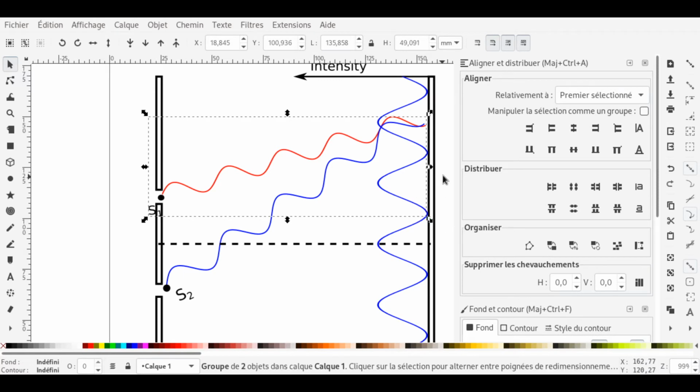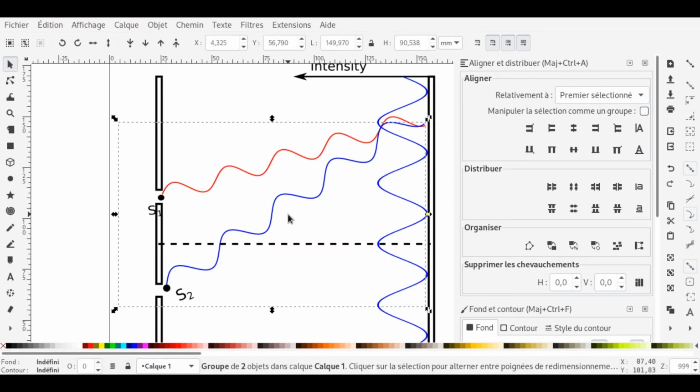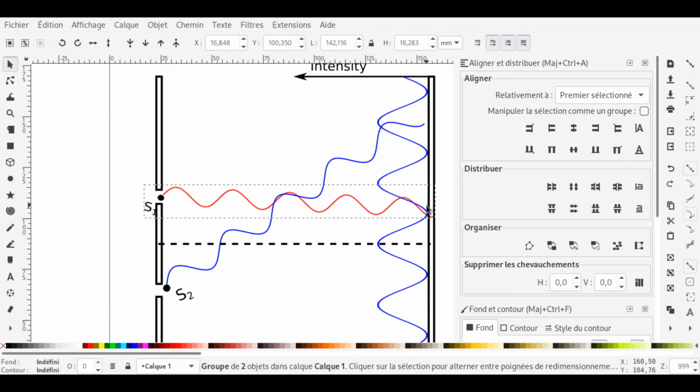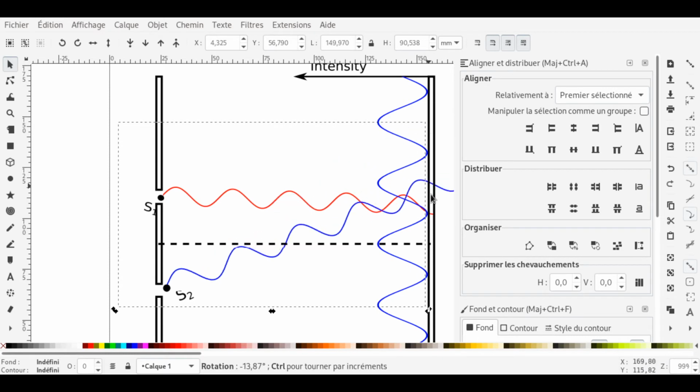And the same thing for the dark fringes. For the dark fringes, the only difference is instead of having constructive interference, we have destructive interference. So again, if I were to take this wave, send it over here, the first dark fringe above the center of the screen.